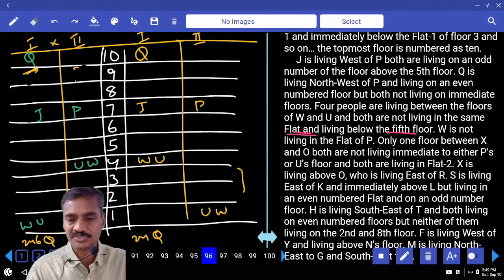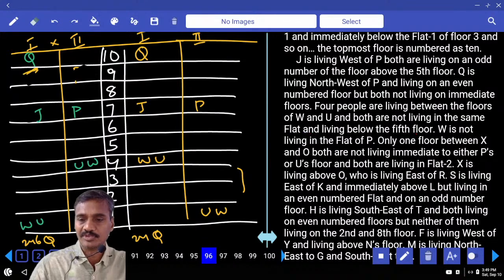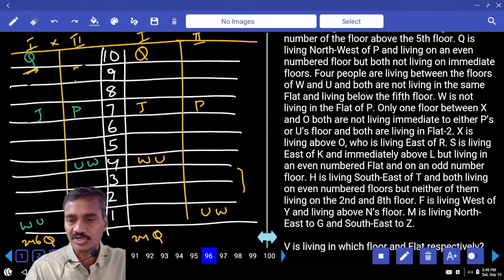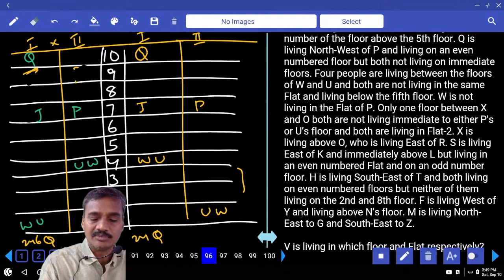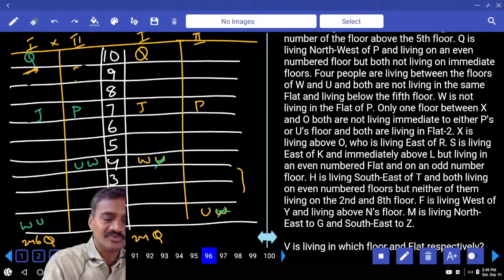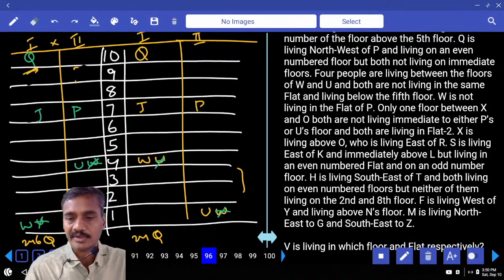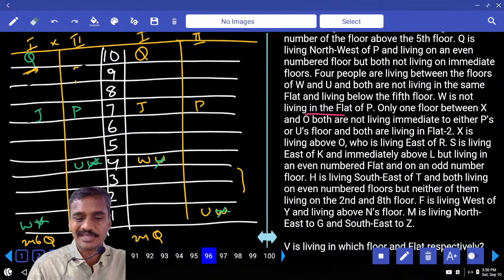Again, there are 4 persons between W and U, both are living below the 5th floor. W is not living in the flat of P, hence W must be in the first. W is not in the flat of P, so U will be here and W will be here. P and W. W is not in the flat of P. Only one floor between X and O.